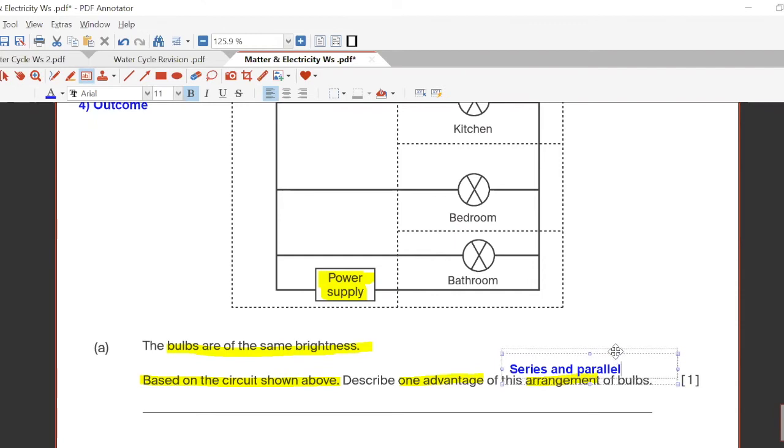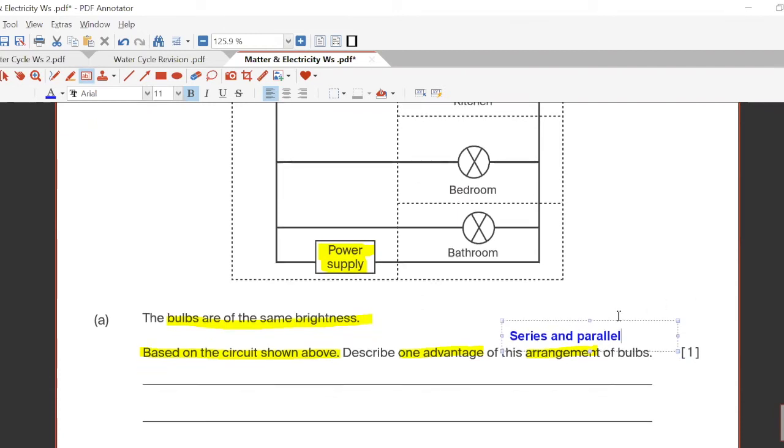Both have their advantages and both have their disadvantages. You have to know both of their advantages and their disadvantages. So I will cover them with you today. If you need to write down, you write down. But this is not what the question is asking for. The question is asking for only one advantage.